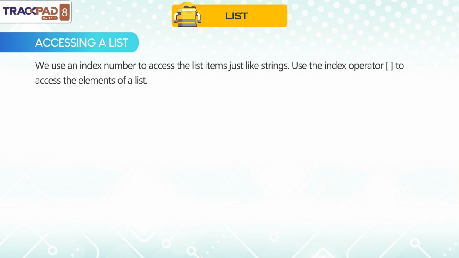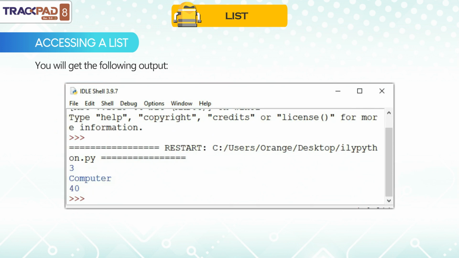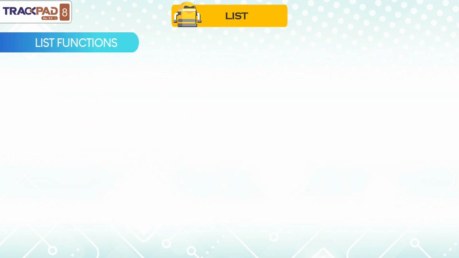Accessing a list. We use an index number to access the list items just like strings. Use the index operator, square brackets, to access the element of a list. Program 15 to access the different elements of a list. You will get the following output. List functions. Let us study some of the functions we can use with lists.